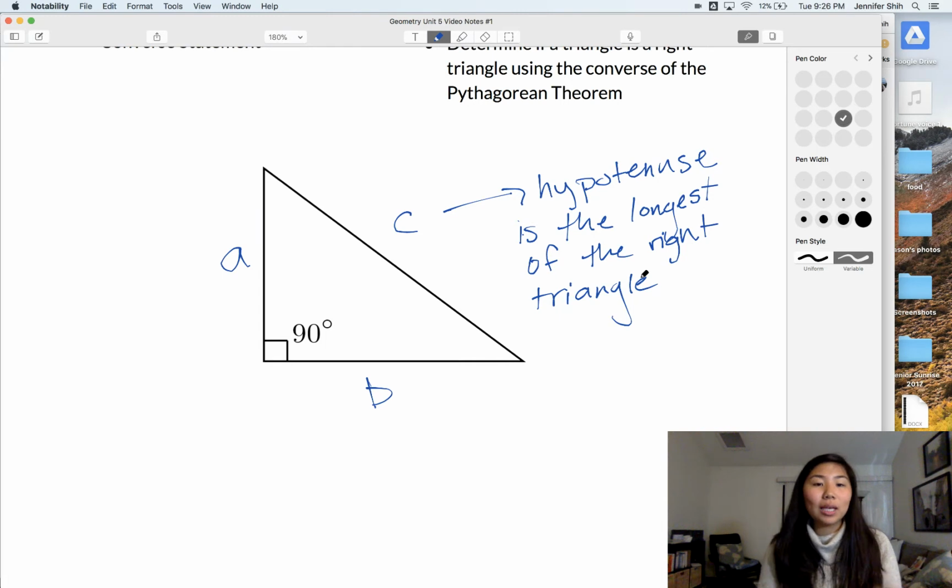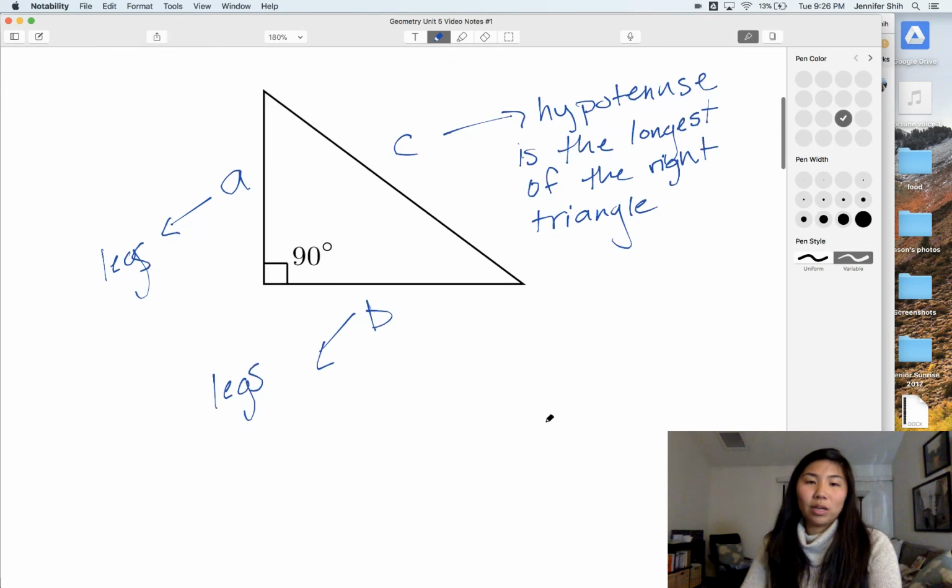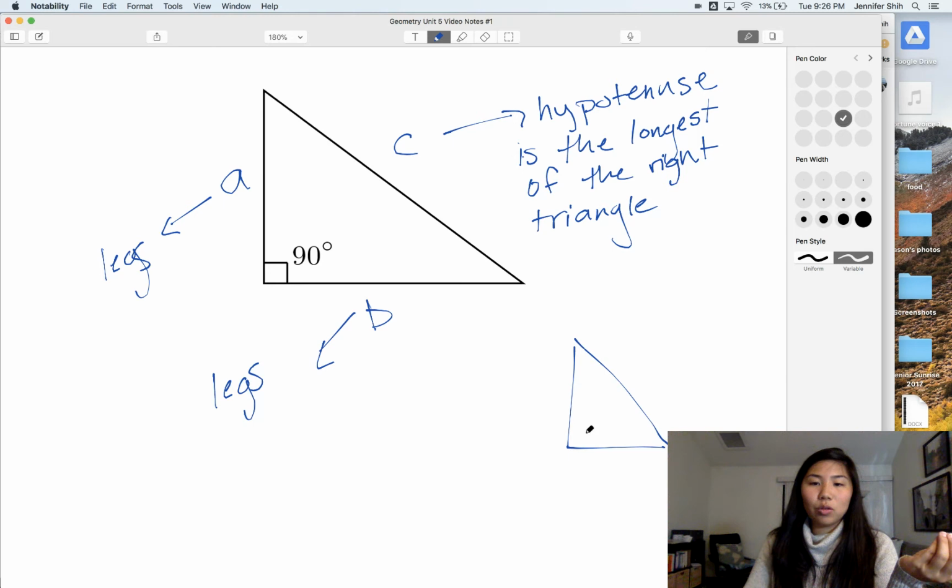Great. A and B are the legs of a triangle. Sometimes they're equal to each other, sometimes they're not. If they are equal to each other, that forms an even more specific right triangle. For example, if you have a 90-degree right triangle and these are both the same length, then both of these angles also have to be the same because you form an isosceles triangle. This is a special right triangle. We're going to get into this more eventually, but just as a heads up, A and B sometimes can equal each other.